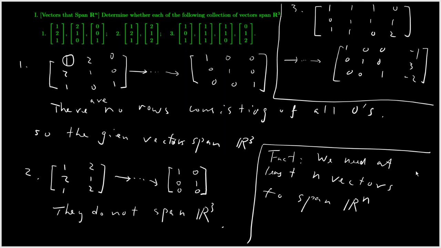Again, it should not be too hard to get the final form. After getting the final form, you see there are no rows consisting of all zeros, right? So the given 4 vectors span R3.